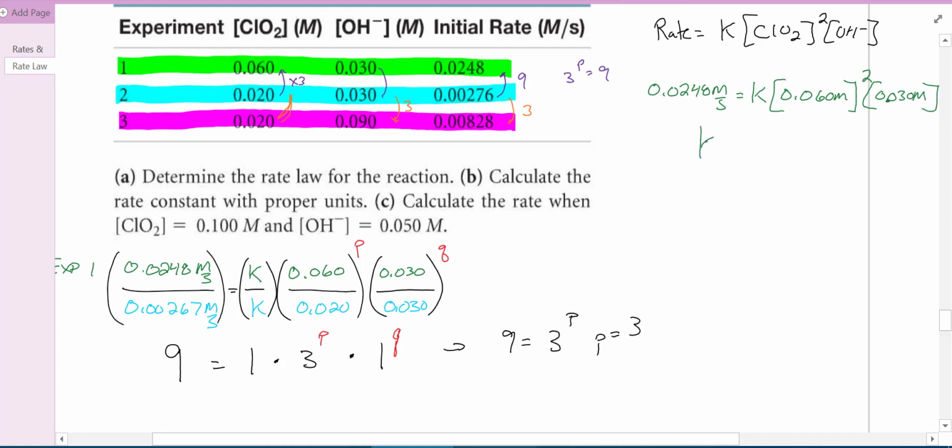So K looks like it is 0.0248 divided by 0.06 squared divided by 0.03. I get 229, so 230. Let's go with 230, 1 over molarity squared times second, because there's molarity cubed here, and that'll work out very well.